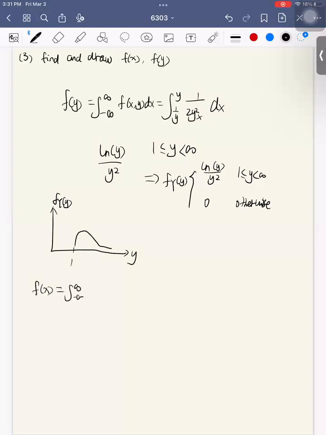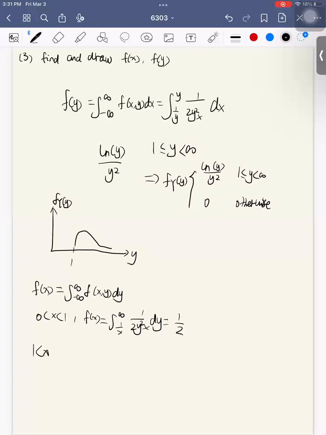Same approach as the previous, still using integral to find that. For f_X, we have two different ranges. In the 0 to 1 range, the result of the integral is equal to 1/2.